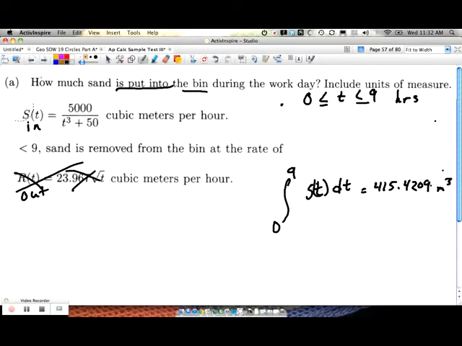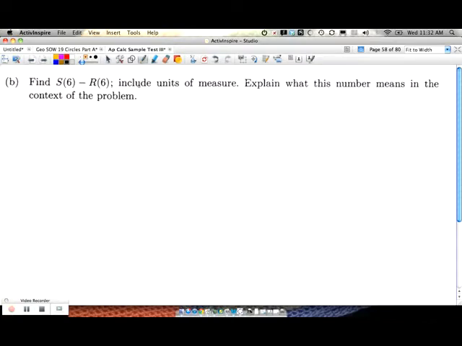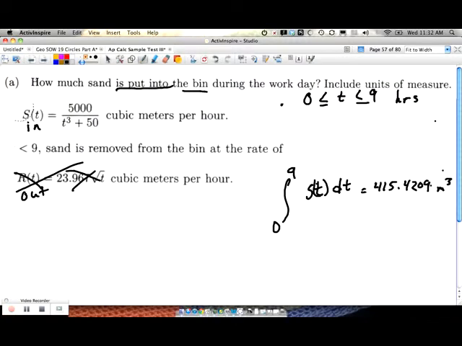All right, let's do part B. Find S of 6 minus R of 6. Include units of measure. Explain what this number means in the context of the problem. Well, S of 6 is going to be whatever that original function is. S of t is the rate. So it's the rate right now.